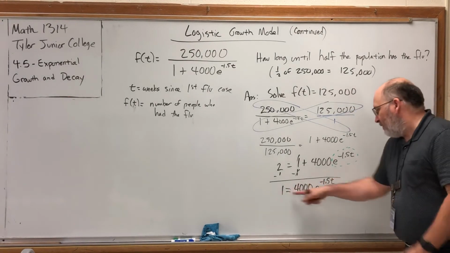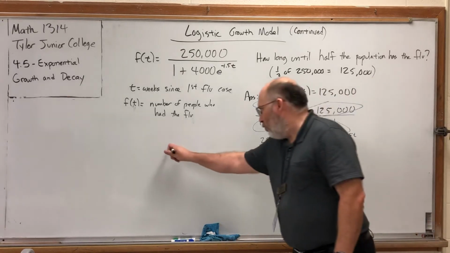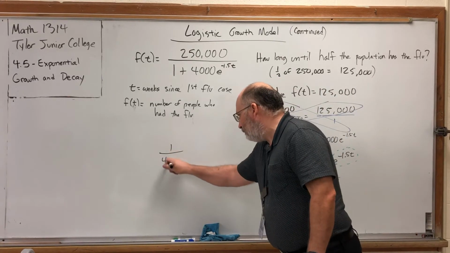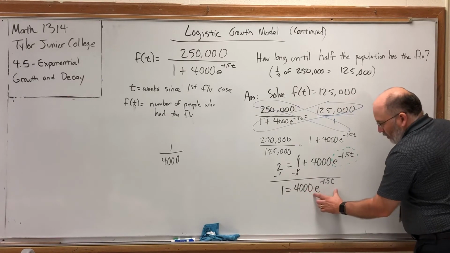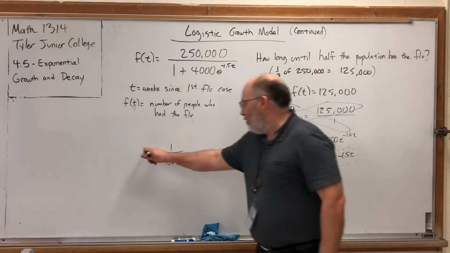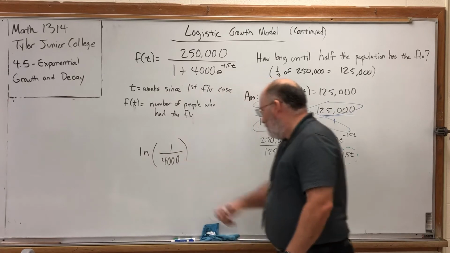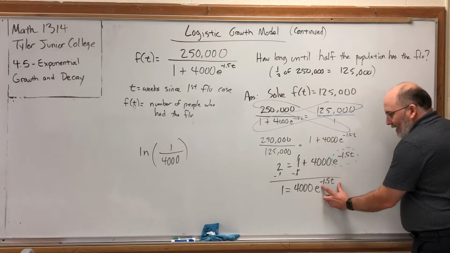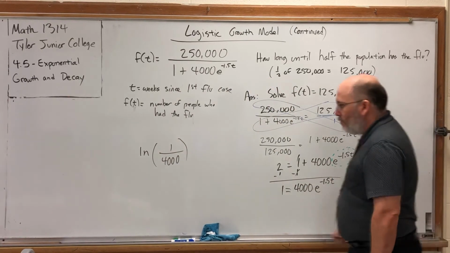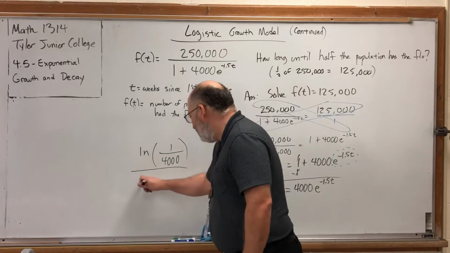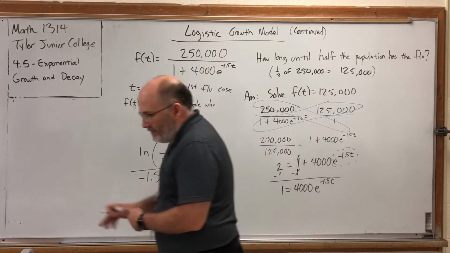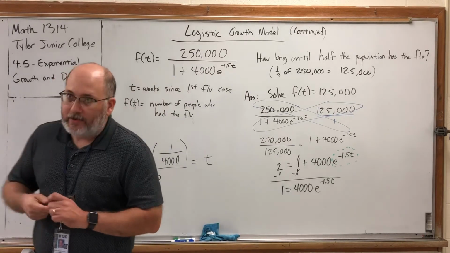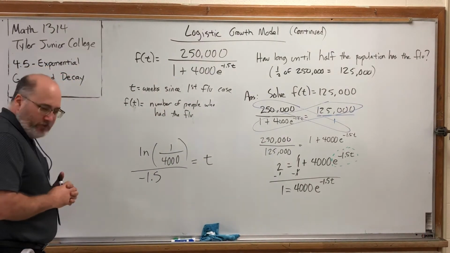Our first move is to divide both sides by 4,000, so the 1 would get divided by 4,000. At that point, we would take the natural log of both sides, so we would take the natural log of this. That would cancel the e, and the last thing we have to do is divide by negative 1.5. I don't want to get hung up on replicating the exact same moves over and over again if we already know how the story goes.